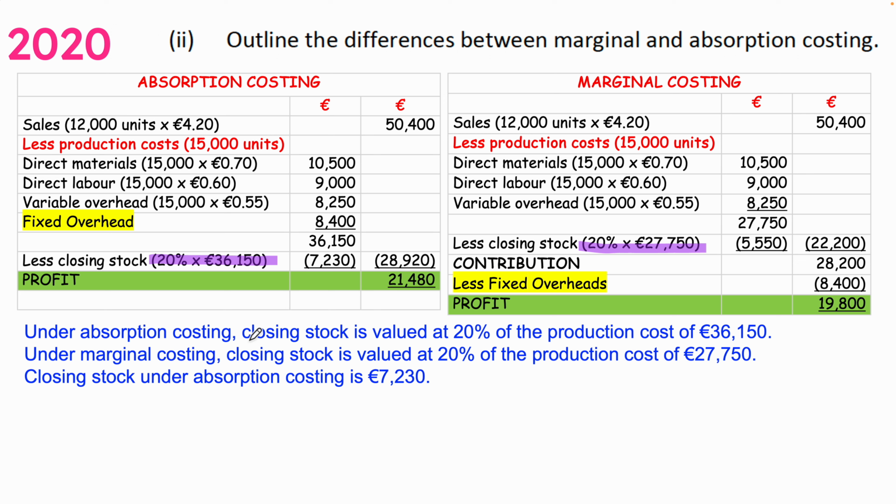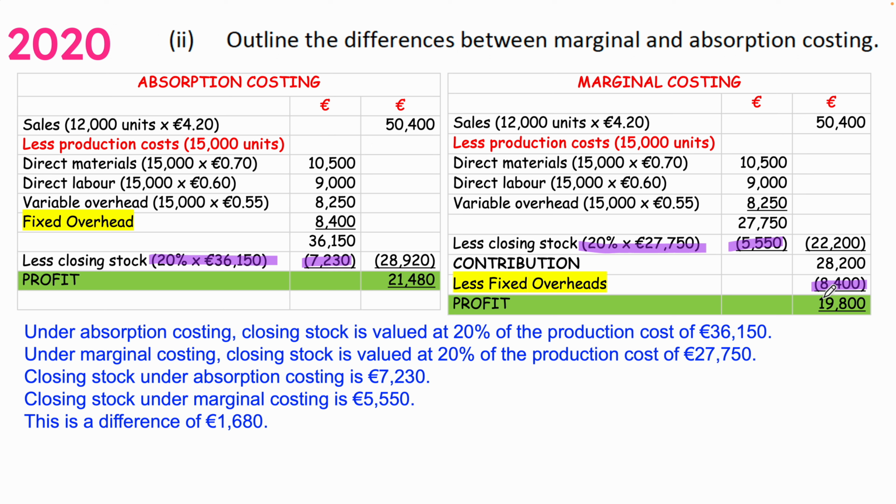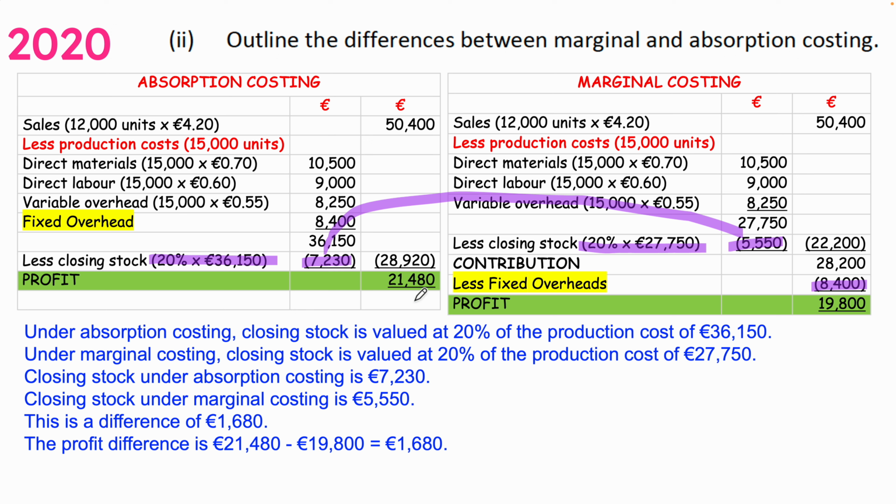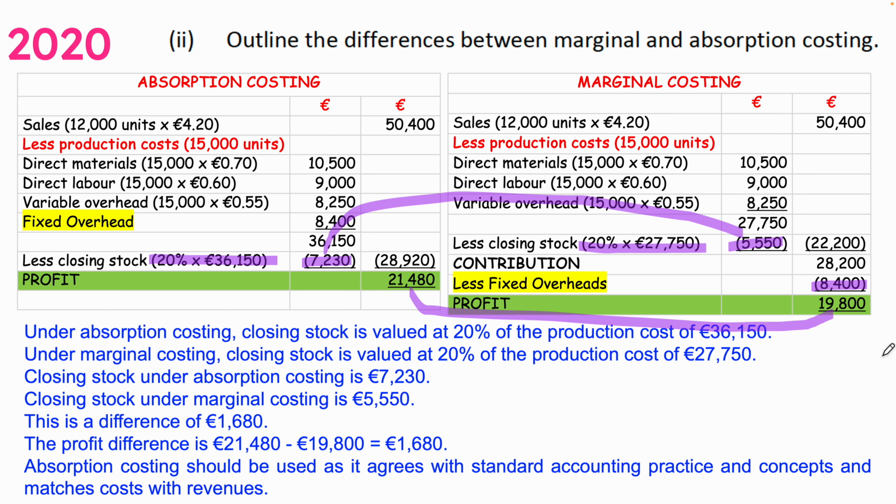So closing stock under absorption costing is 7,230 and under marginal costing is, I'm sorry, 5,550. So there's a difference between the two of 1,680 euro. The profit difference then, the difference between 24,480 and 19,800, is 1,680.